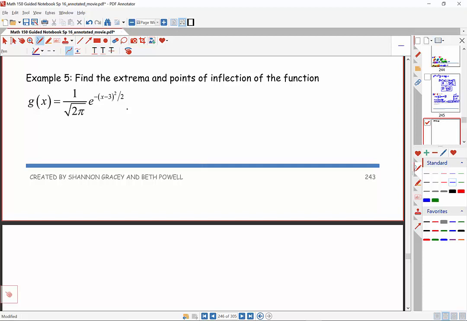So anyway, what we're going to have is we're going to have extrema and points of inflection. We need the first derivative, we need the second derivative, and we need to find a whole bunch of stuff, right? So first off, we'll say relative extrema.